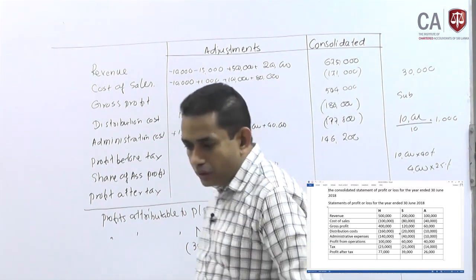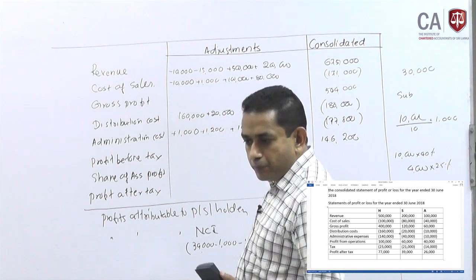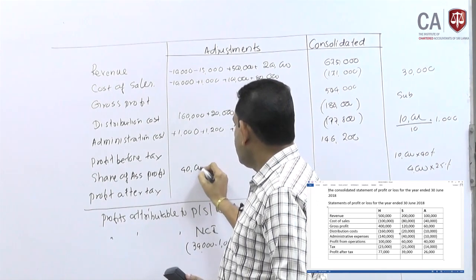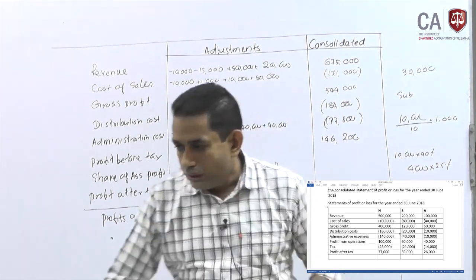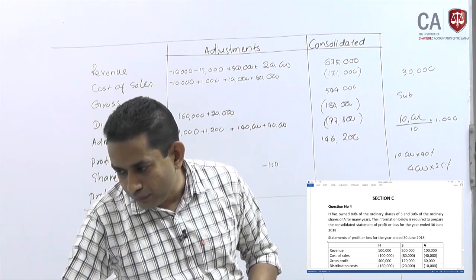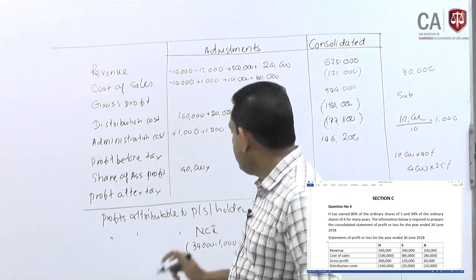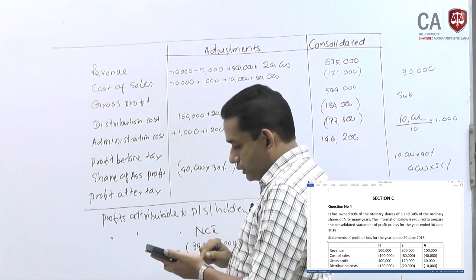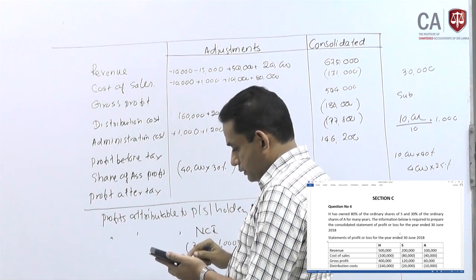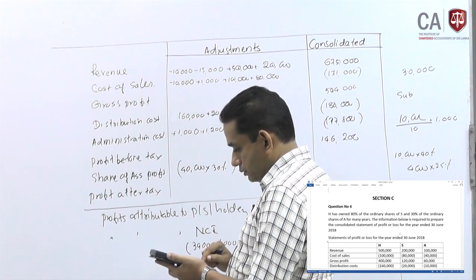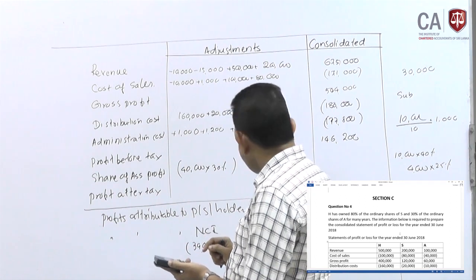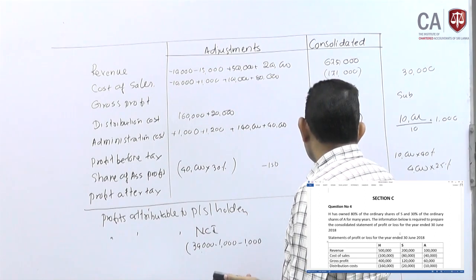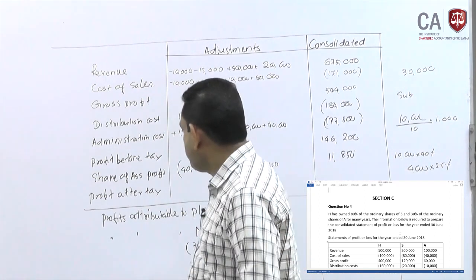Then let us recognize the share of associate profit from the profit before tax of the associate, that is 40,000 into 30% acquisition, minus the impairment, 40 into 30% minus 150, 11,850.